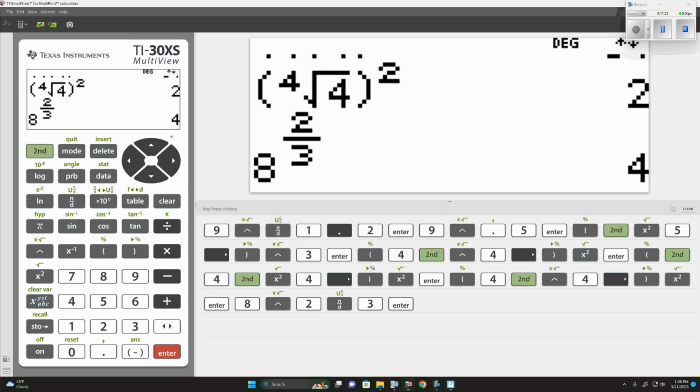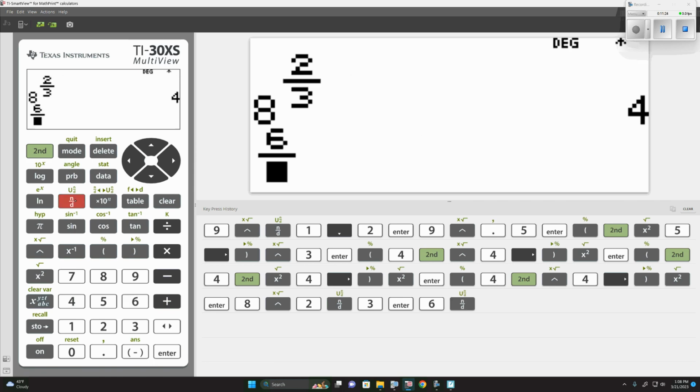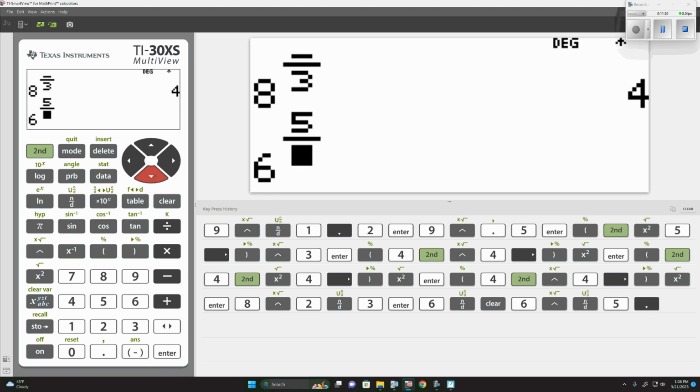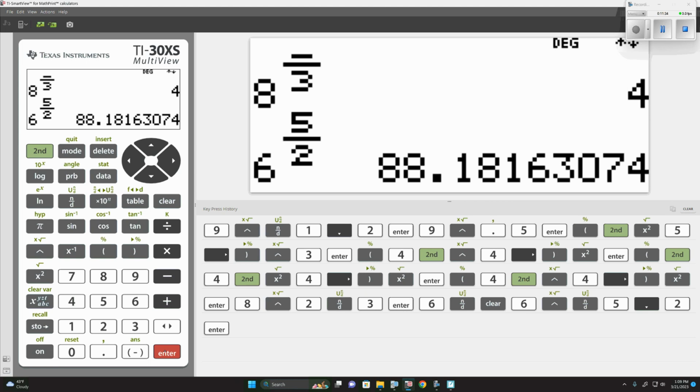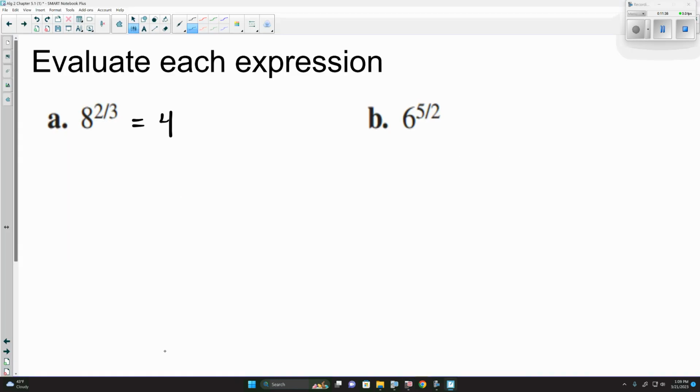And we can also do 6 to the 5/2, which is about 88.18. And in either case, this works.